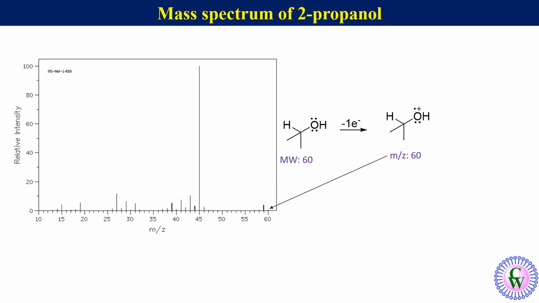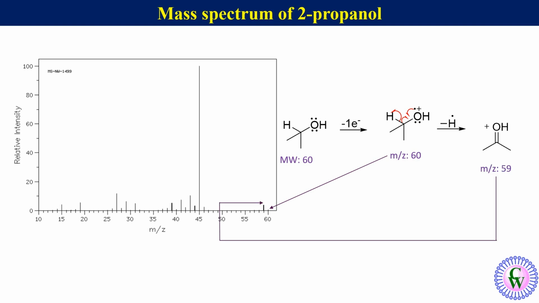Since it is a secondary alcohol, the molecular ion peak is almost undetectable. The molecular ion removes H radical to produce M-1 peak having M/Z value of 59. Elimination of methyl radical from molecular cation gives protonated aldehyde with M/Z 45, which is the base peak of the spectrum.